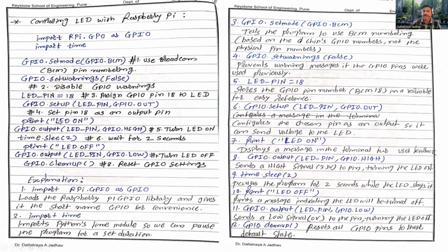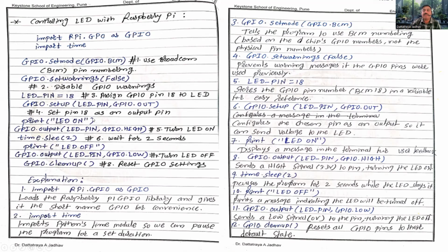For on, we can print "on". Then for that we go with GPIO.HIGH, so the LED should be on.